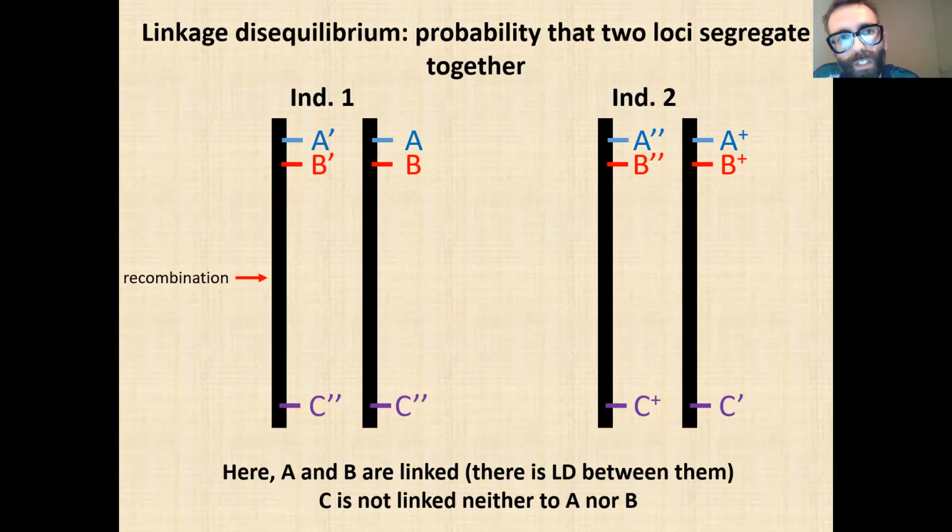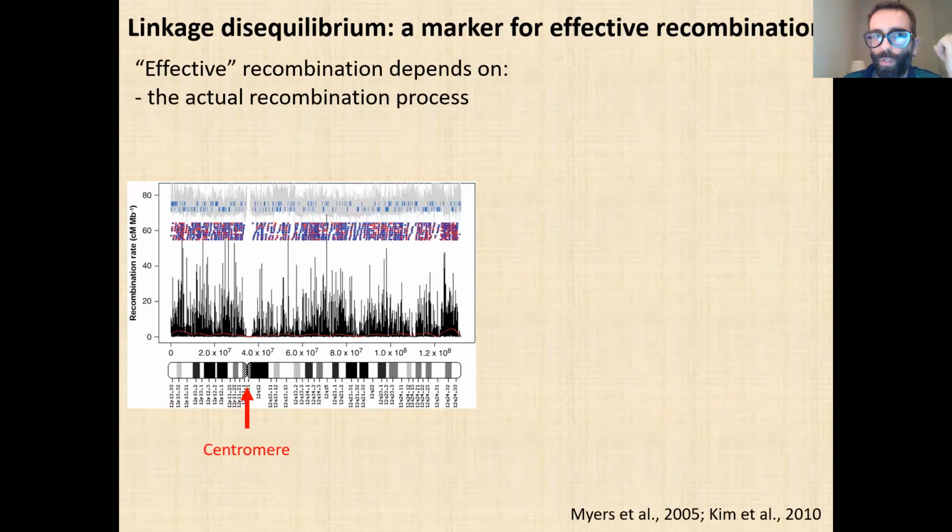So this idea of linkage disequilibrium is really about the probability that two loci segregate together. Segregating together means being inherited together after meiosis, into the next generation. Okay, so surely linkage disequilibrium, the probability that two alleles are inherited together, depends on how much recombination happens, of course.